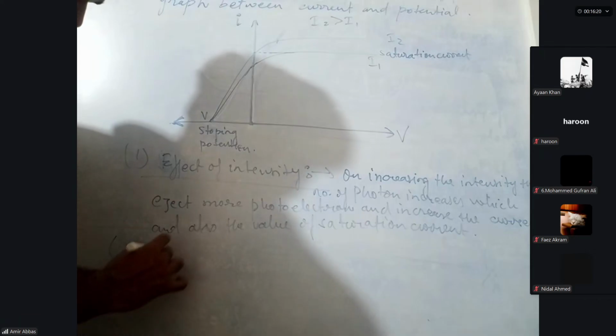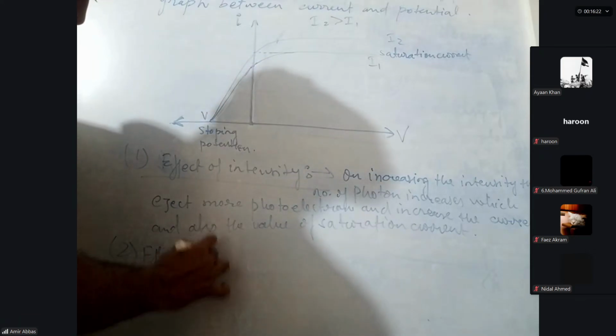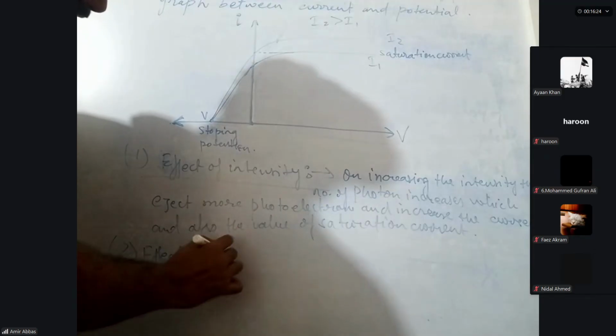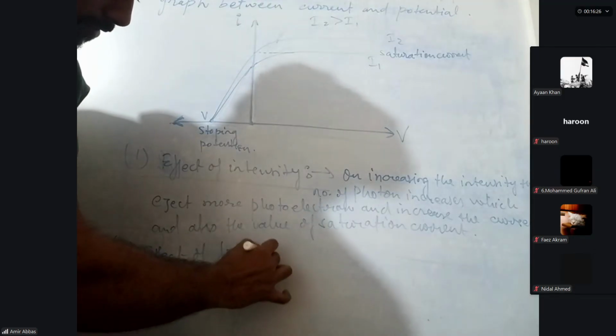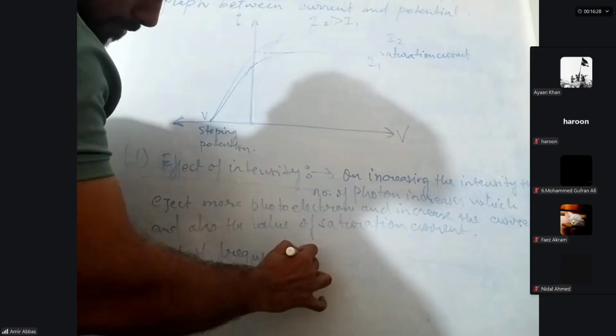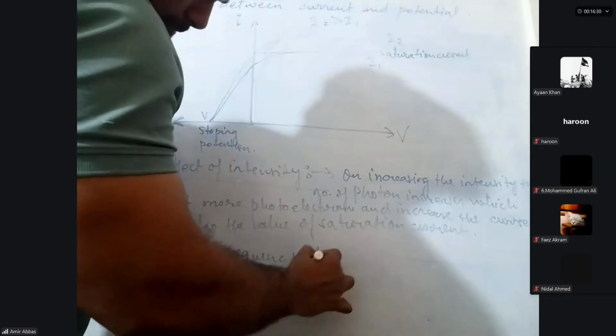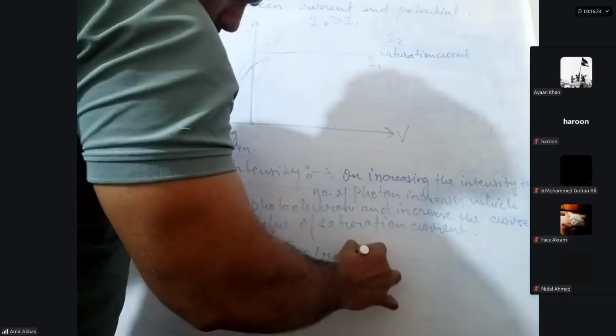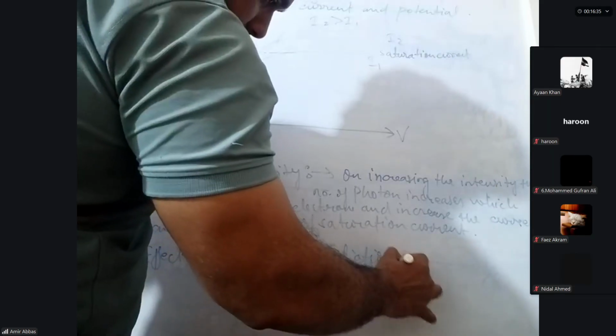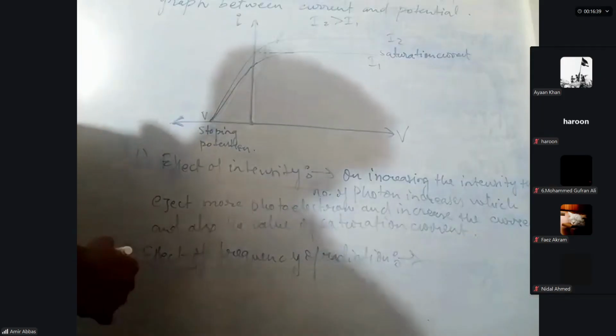effect of frequency of photon, frequency of radiation. What will happen if we increase the frequency of radiation? What happened, beta?